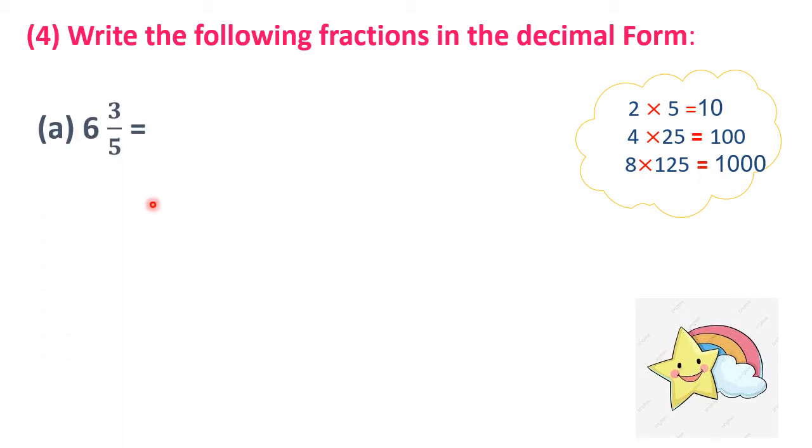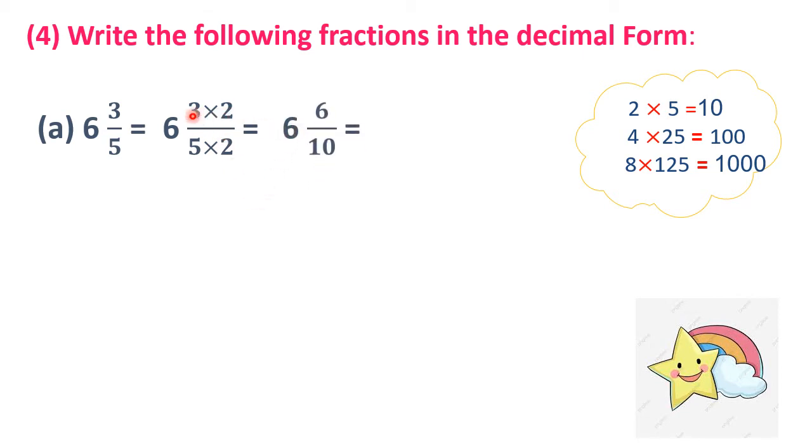A. To convert a mixed number or fraction to the decimal form, the denominator must be 10, 100, 1000, 10,000, and so on. Okay? 5 must convert to 10, 100, 1000. How? By using friends. 5's friend is 2. So 5 times 2 in the denominator must be times 2 in the numerator.